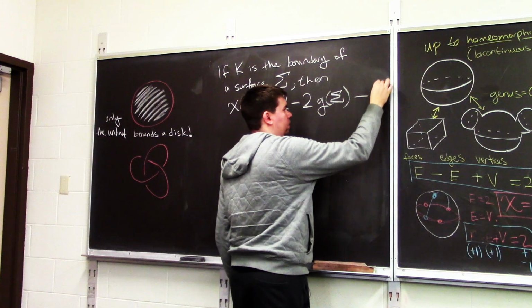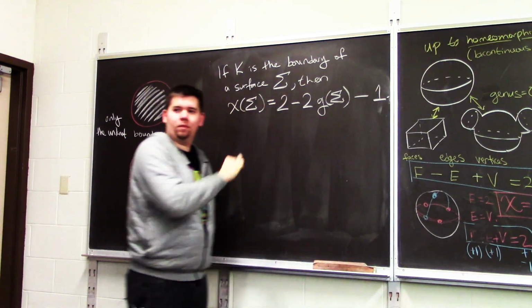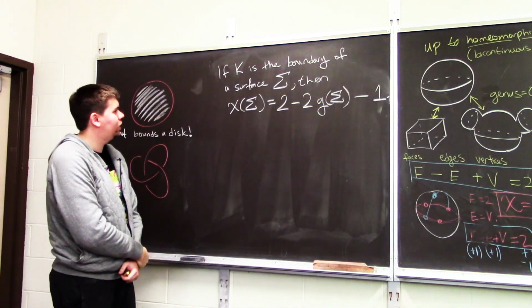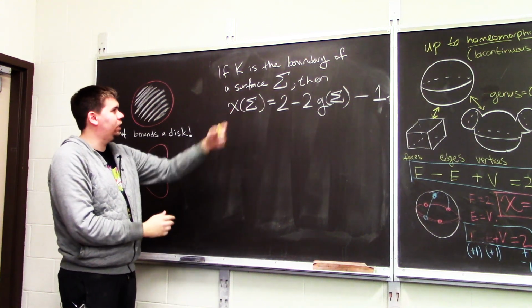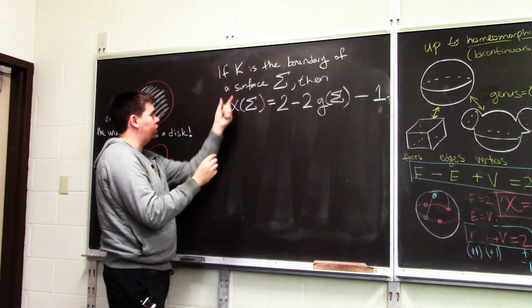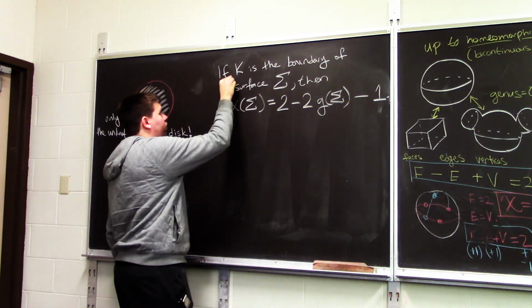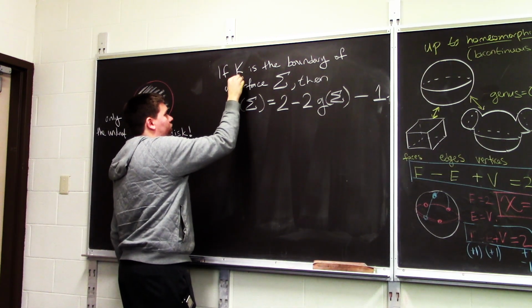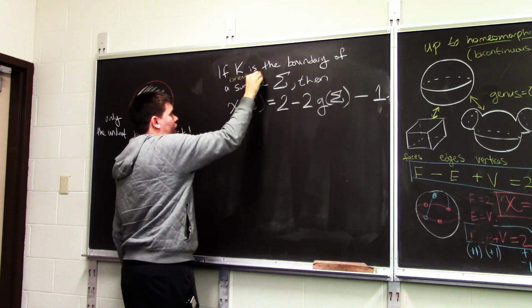So minus 1. That's what we just showed. Okay, so that gives us some information about the surface. This is of course a surface that's orientable and compact.